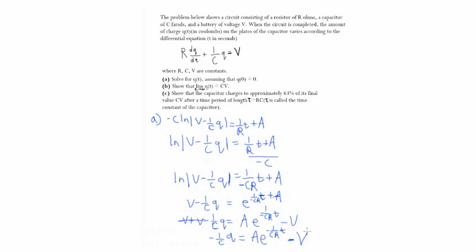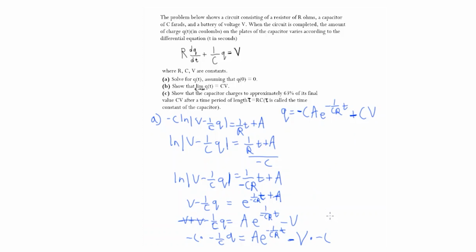And then we multiply both sides by negative c, which leaves us with Q is equal to negative c a e to the negative 1 over CRT plus cv, because the negatives cancel and become a positive. Negative times negative is positive.